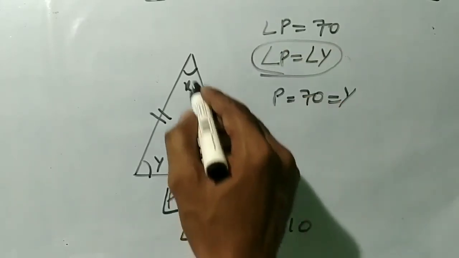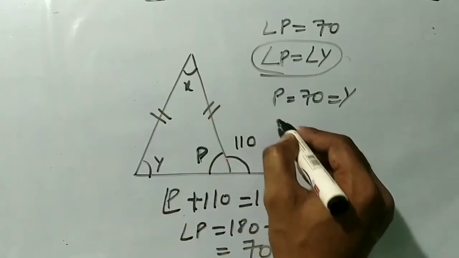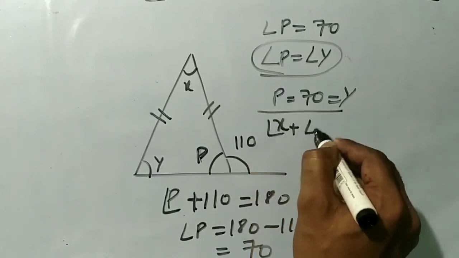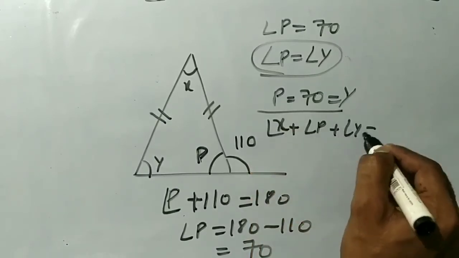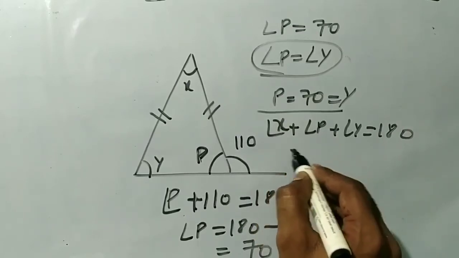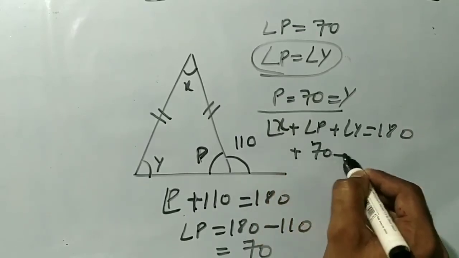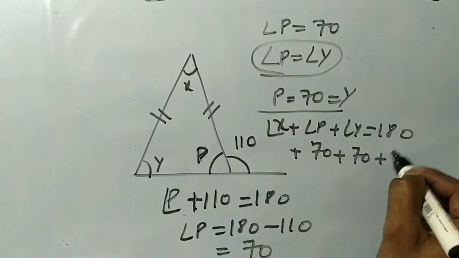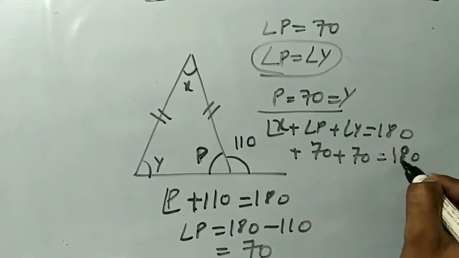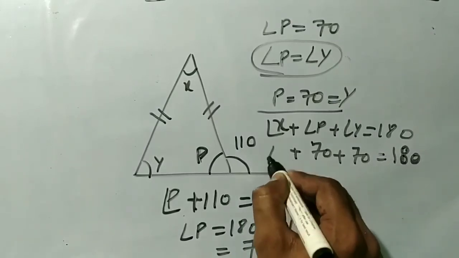The summation of three angles: x plus angle P plus angle Y is equal to 180. Angle x we don't know, angle P is 70, angle Y is 70.